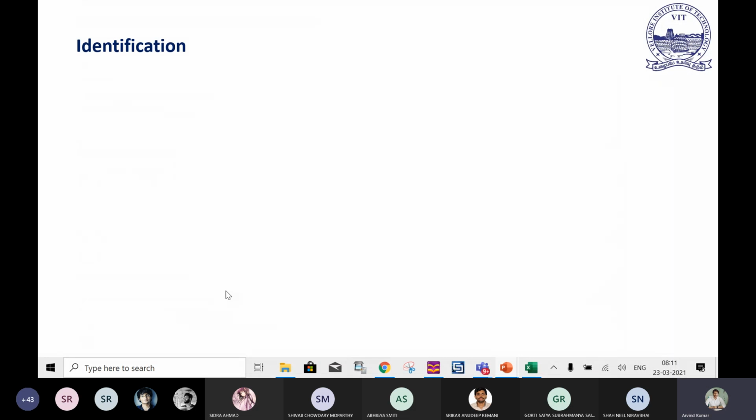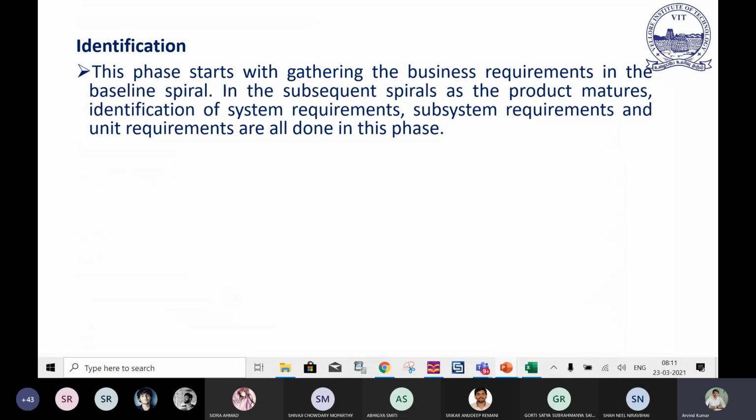So one by one we will see what's happening in the identification step. In the identification step, this phase starts with gathering the business requirement in the baseline spiral. In the subsequent spiral, as the product matures, the identification of system requirement, subsystem requirement, and unit requirement are all done in this phase. So as usual, everything is documented, particularly in this phase.